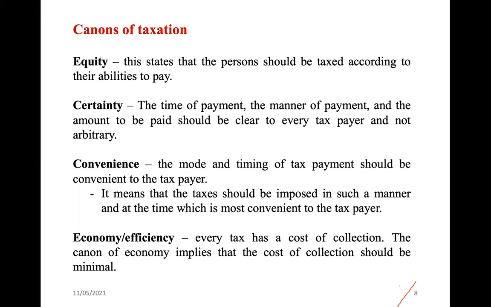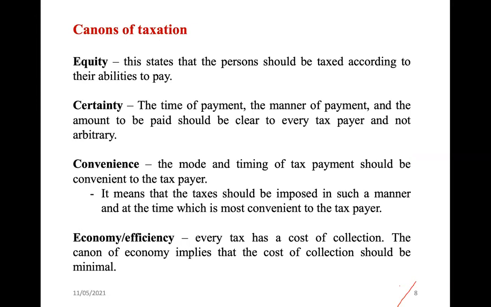This principle says that every tax has a cost of collection. So when the government imposes a tax on people, the government has to spend money to collect those taxes. That is why the government employs people, in the form of revenue officers, to go around to the markets and to various companies to collect those taxes. There's a cost associated with it.